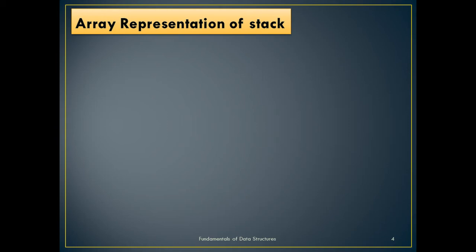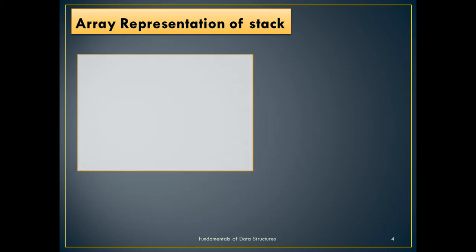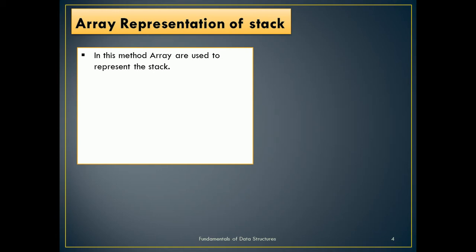The first one is the array representation of a stack: how we can insert stack elements into the array. In this method the array is used to represent the stack. For declaring the array, or for representing the stack by using the array, we use some variables.